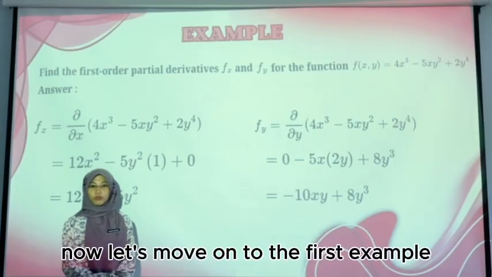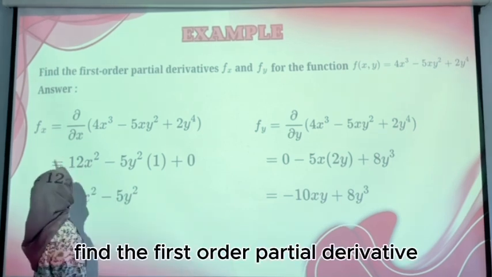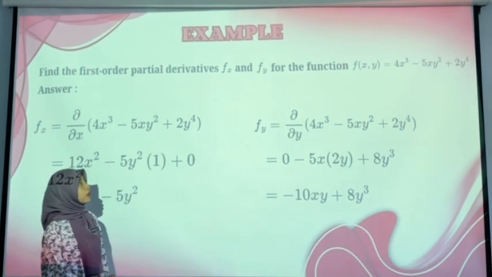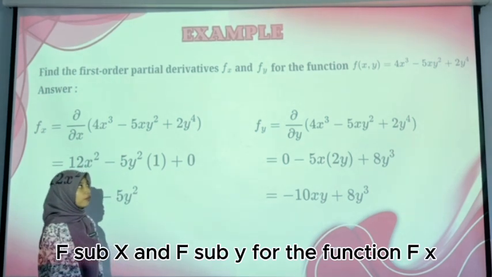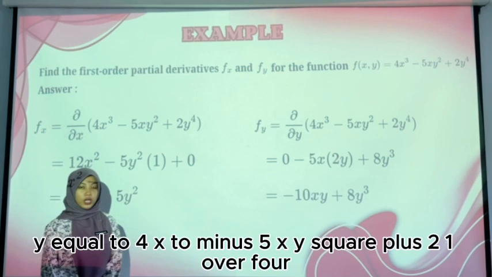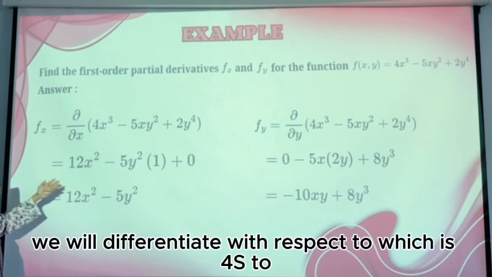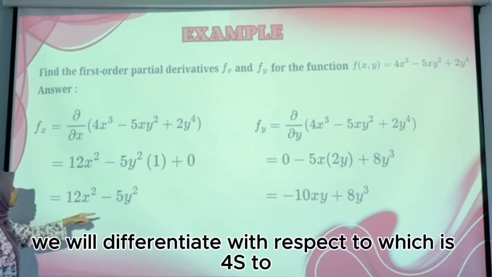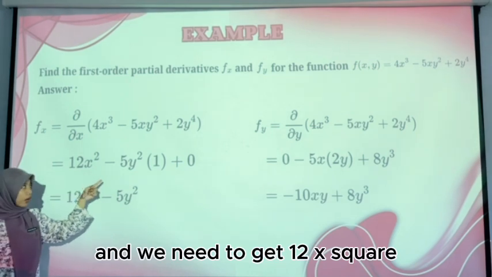Now let's move on to the first example, where the question asks us to find the first order partial derivatives f sub x and f sub y for the function f(x, y) equals 4x cubed minus 5xy squared plus 2y to the power of 4. To find f sub x, we differentiate the first term, 4x cubed, and we get 12x squared.